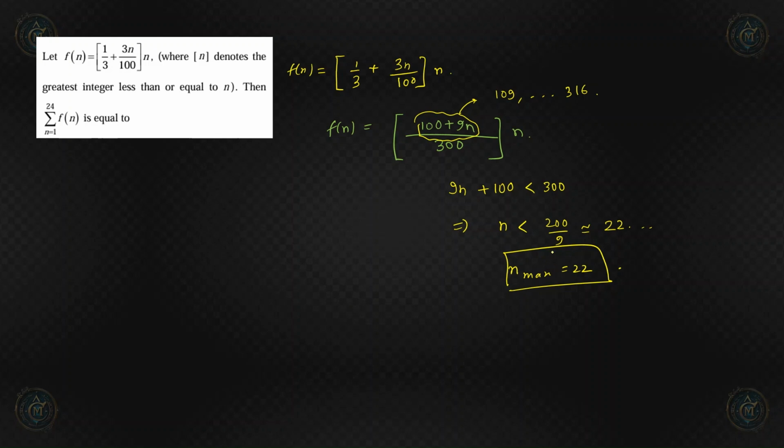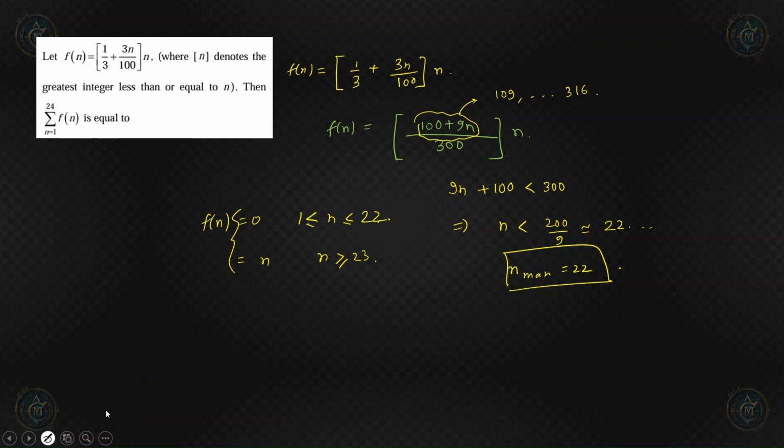So up to this point this greatest integer becomes 0, right? So f(n) is equal to 0 for 1 less than equal to n less than equal to 22, and it is equal to 1 times n, right? Because here is n multiplied with this greatest integer, so 1 times n, that means n, if n is greater than 22, that means greater than equal to 23, right?